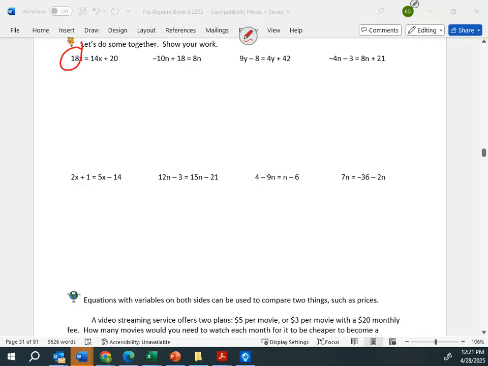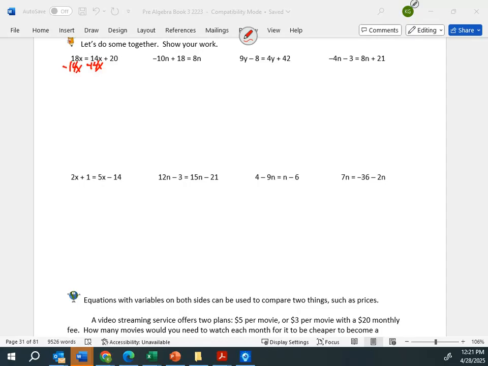He doesn't have any constants with him. We don't want the constant with the variable on the same side. So that 18x doesn't have a constant on that side, so we're gonna move the other variables over to it. So that means we want to get that negative 14x, because we have the positive 14x, so we're gonna subtract a 14x from both sides.